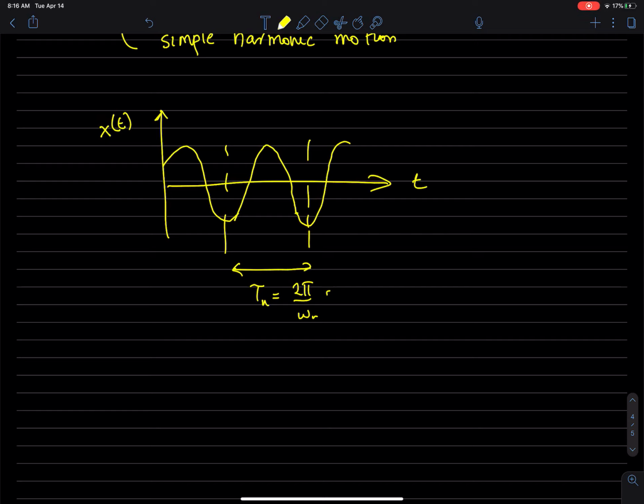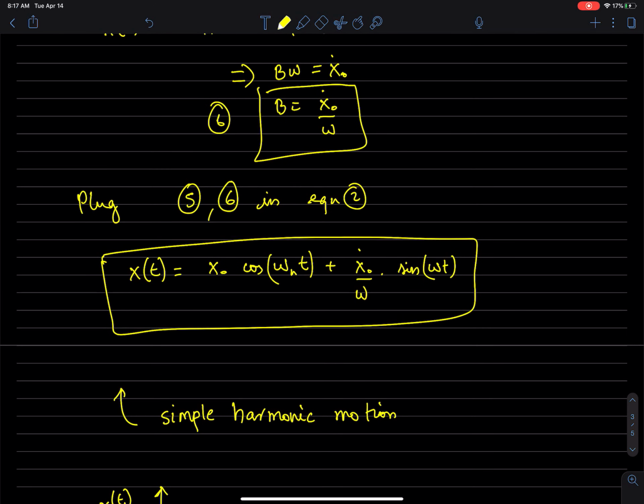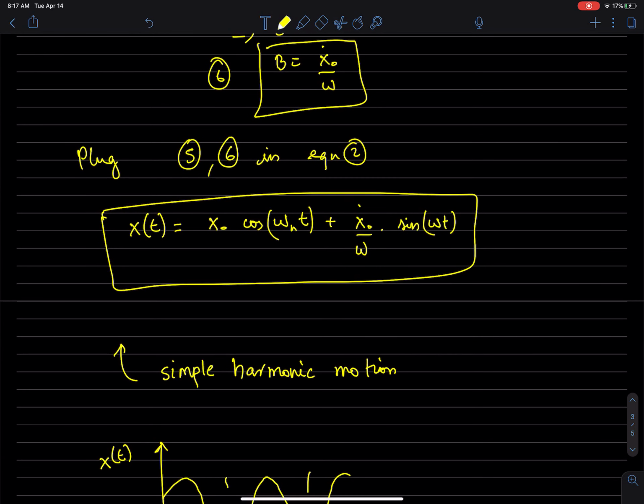That's something that we shall see in the next video. The main takeaway is that we've derived an expression for the motion which involves the initial conditions, x naught and x dot naught, and omega n, which itself is a function of the stiffness and the mass.